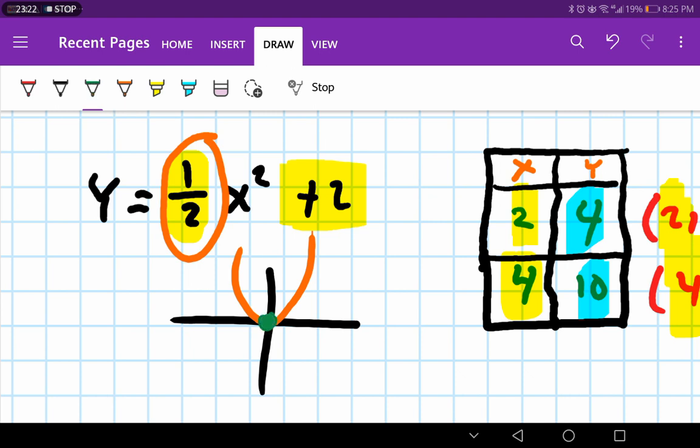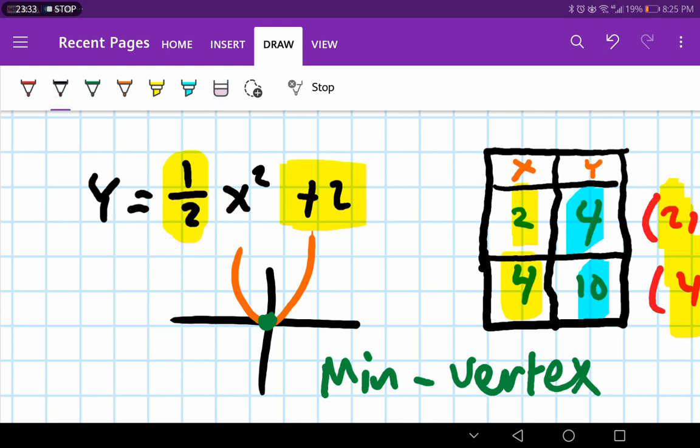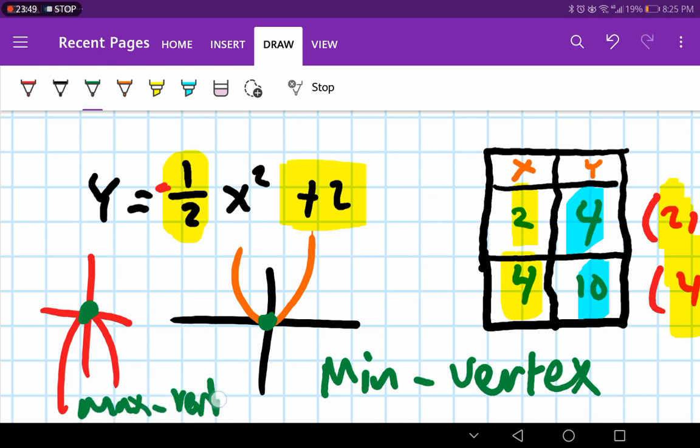So the vertex is minimum because it is at the bottom. Okay, teacher, if it is negative, you have to graph it like this, so the vertex is maximum. This is the maximum vertex. This is all about 9-1.